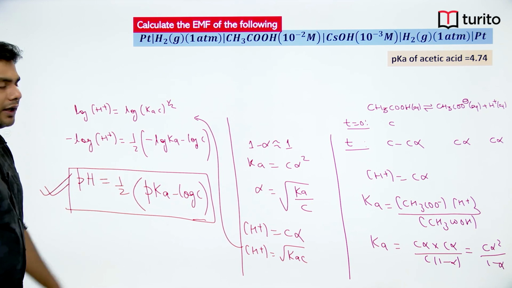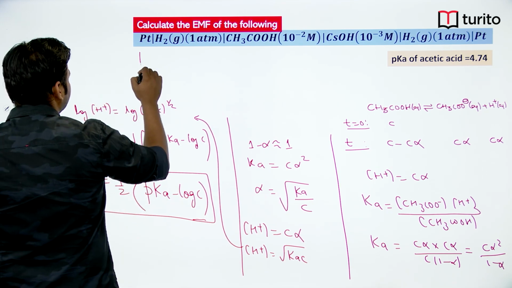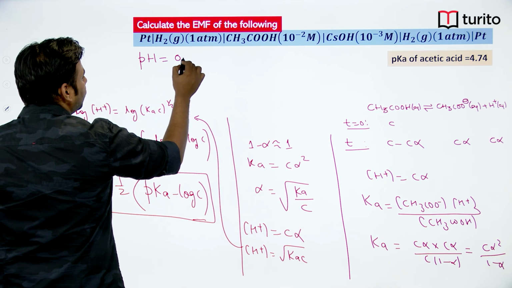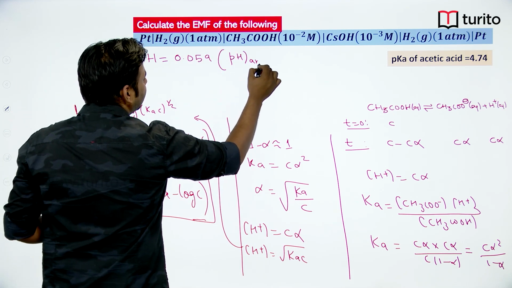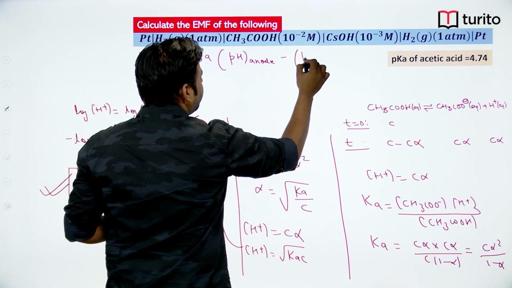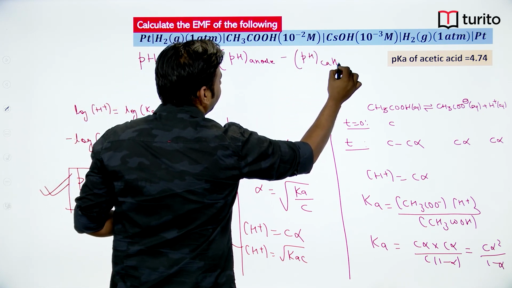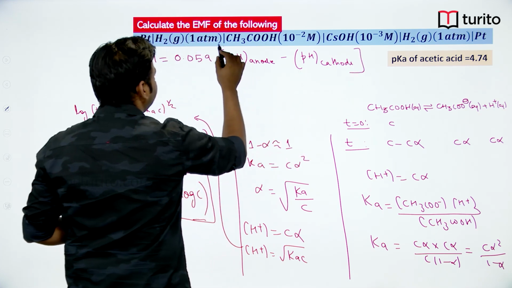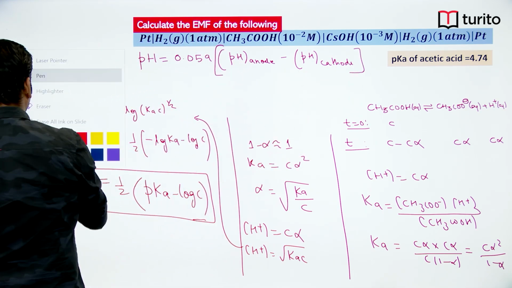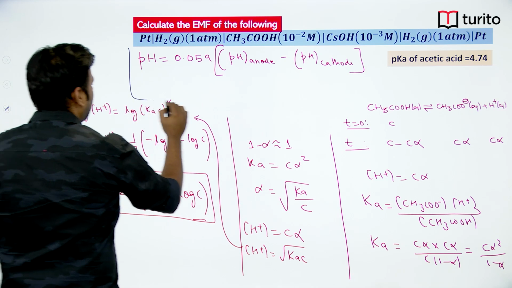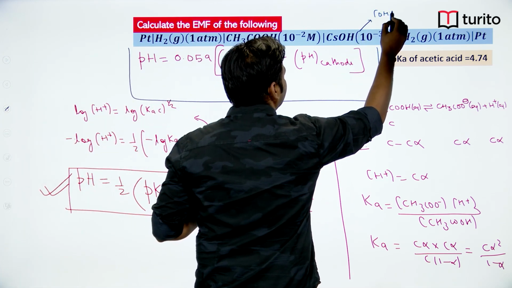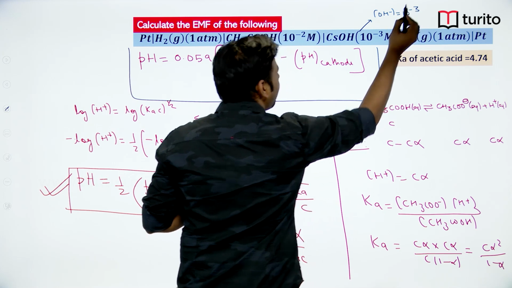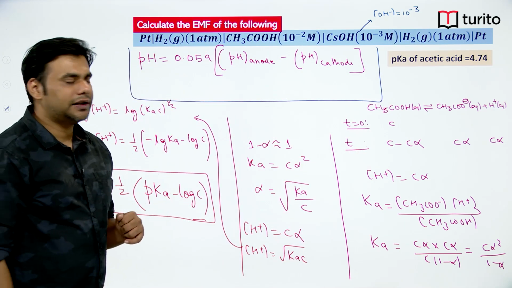Because this is the concentration cell, we know that the cell potential is 0.059 into pH of anode minus pH of cathode. What I can do over here is, we know that the concentration of OH negative in the cathode is 10 raised to minus 3.